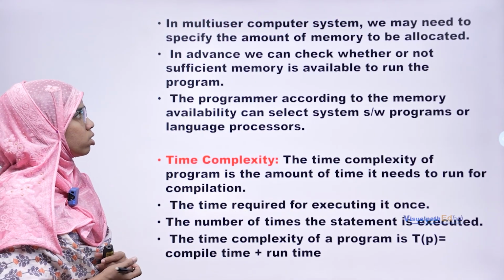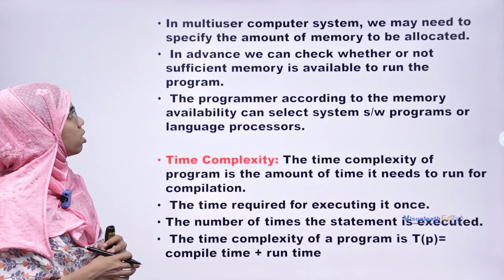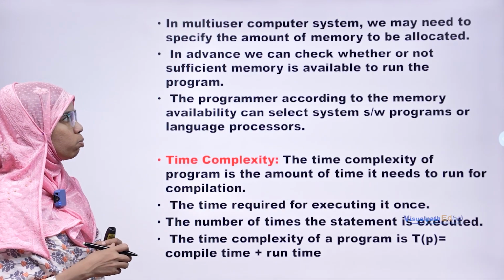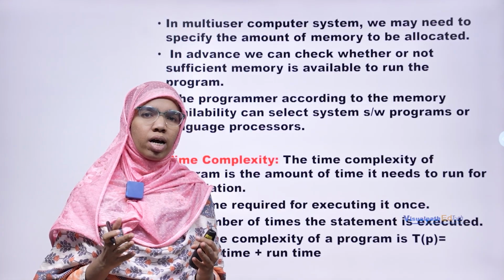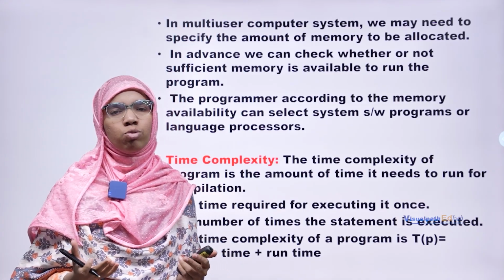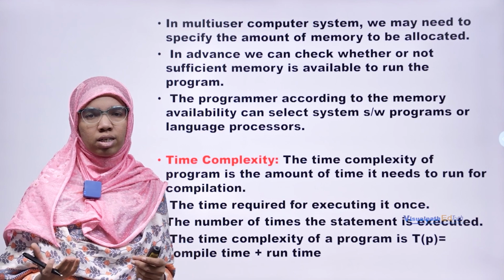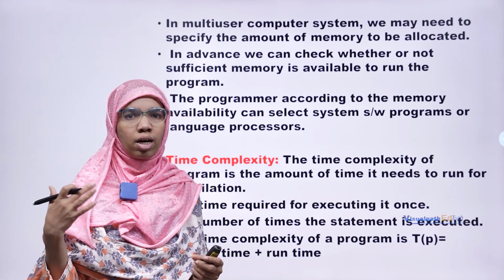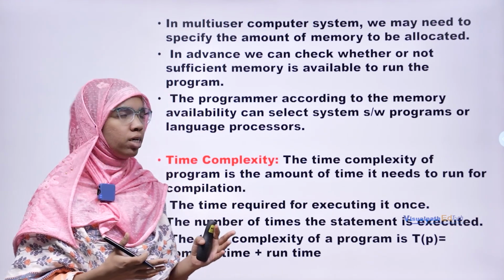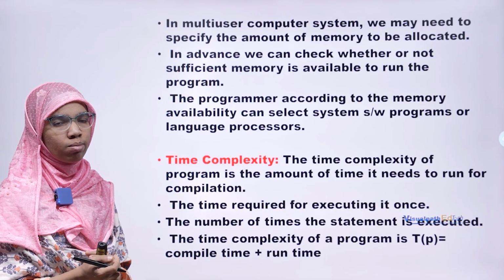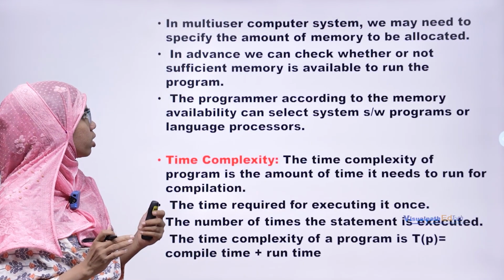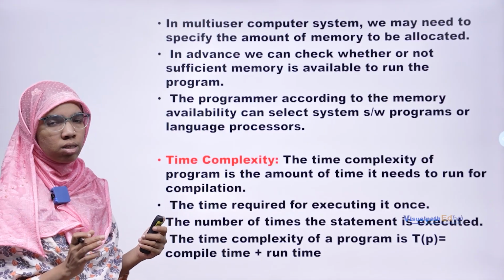So in a multi-user computer system, we may need to specify the amount of memory to be allocated. Yes, in this era the systems we use are not enough for storing the data. We are purchasing clouds and all for storing our data, right? On that basis as well, for allocation of data and memory space, it is very important to know how much is required.